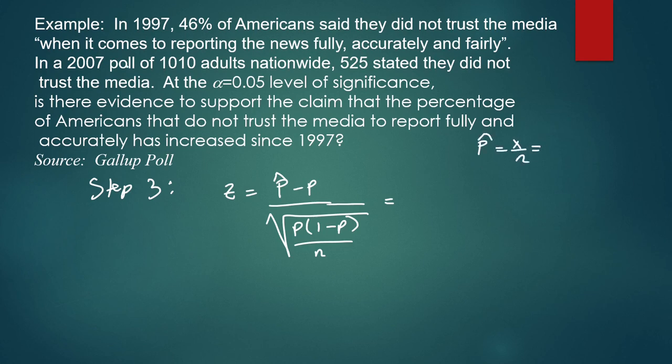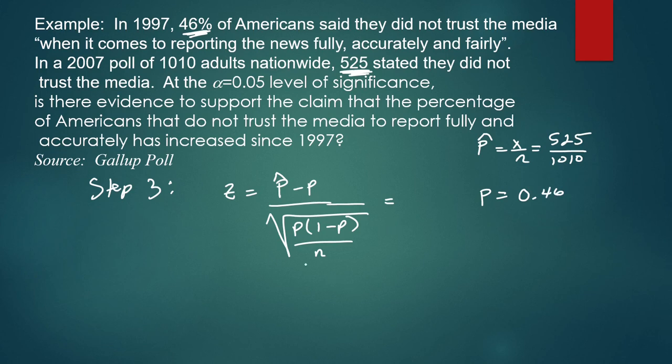Let's look for the number of successes. Here we found 525 successes out of a sample of 1010. And p we know in the problem was 46%, so we'll say that's 0.46.